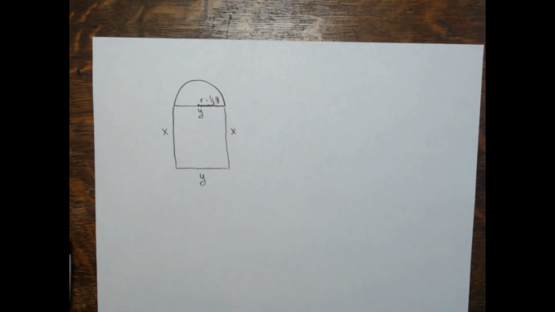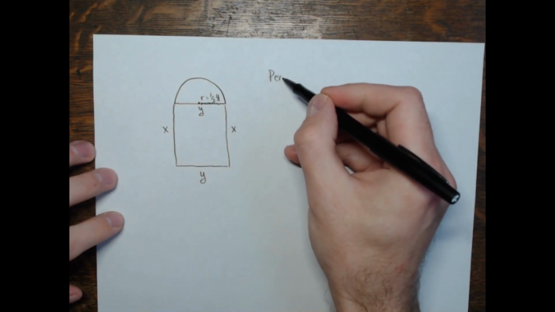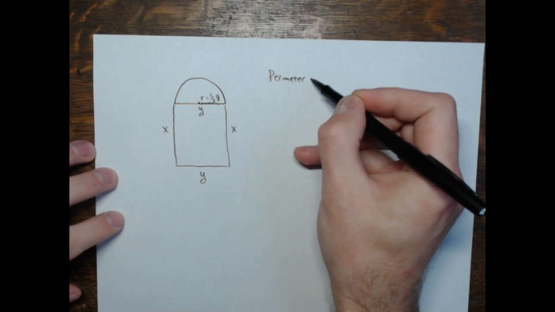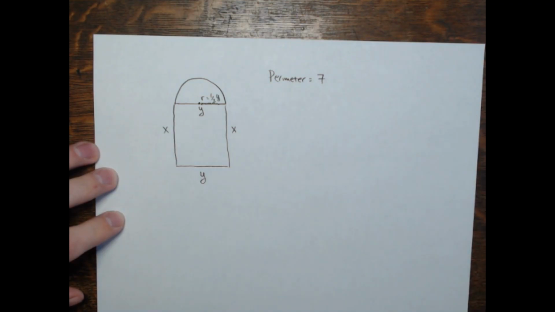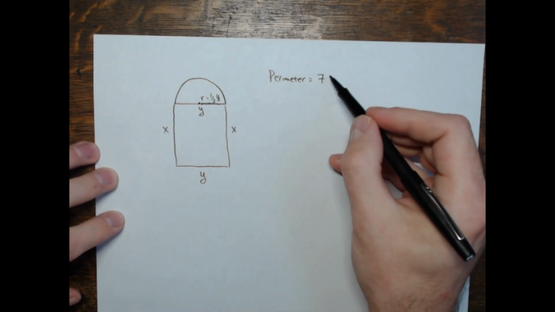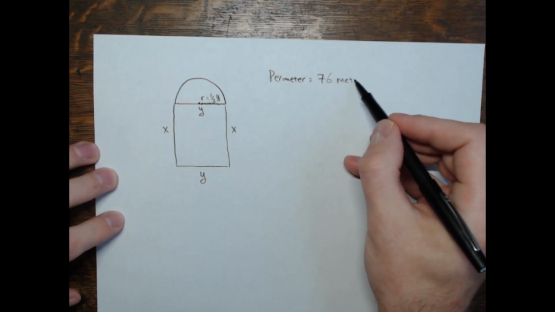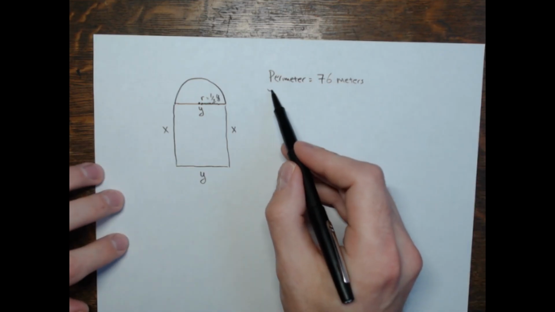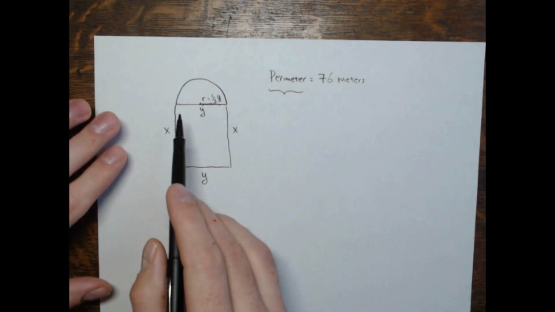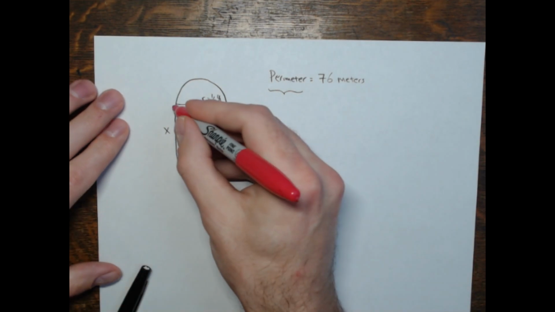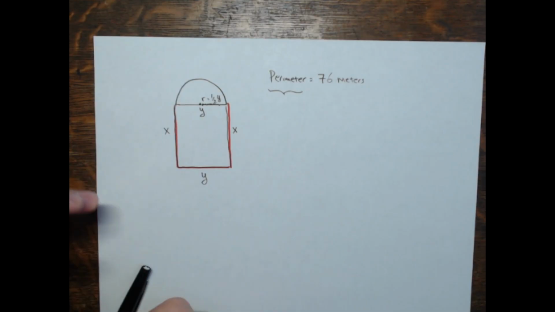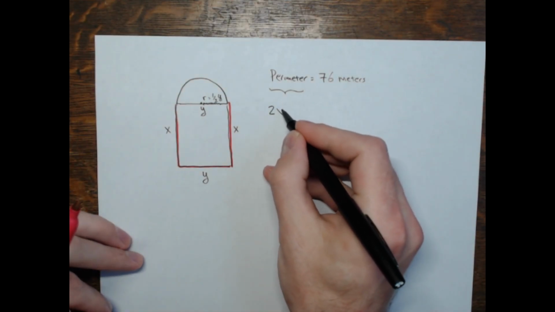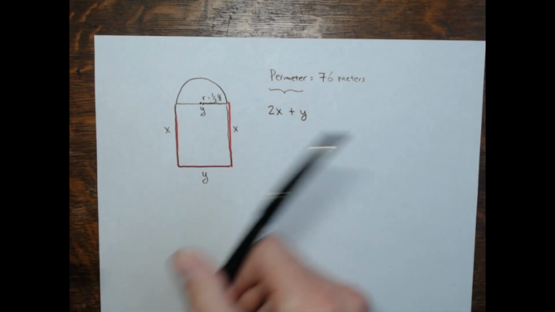And so when we're talking perimeter, they told us the perimeter of this window, the distance around it, must be 76 meters. So an expression involving perimeter here: if I walk around this, you've got x and y and x, so that's 2x plus y.